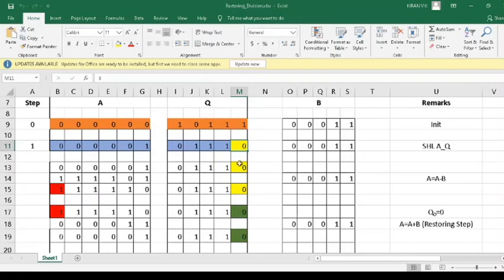So the value of the LSB of the Q field, or Q0 in short, is dependent on the result of A minus B. The rule goes like this: if the result is positive, then this vacant yellow place should be filled with a 1. If the result of A minus B is negative, this yellow spot should be left with 0 itself. So what did we get here as a result?